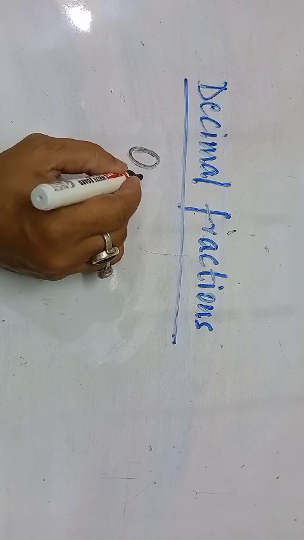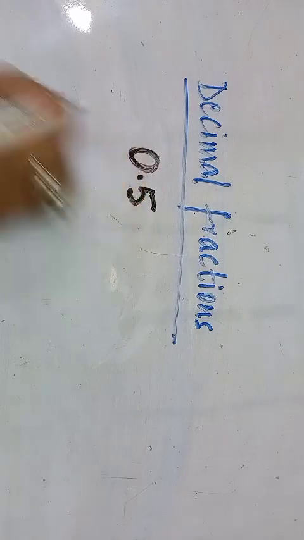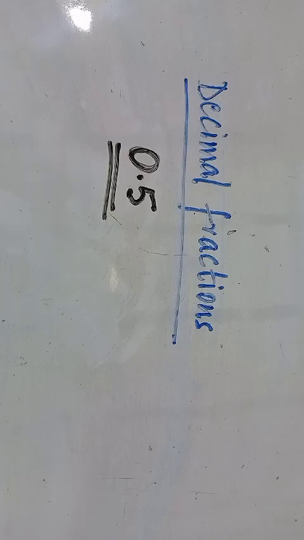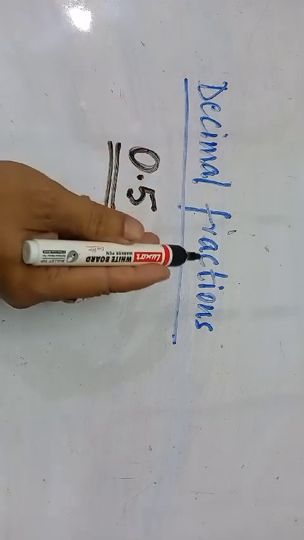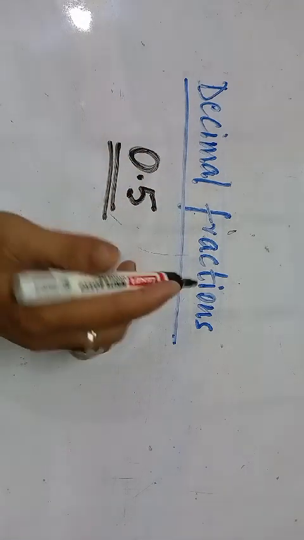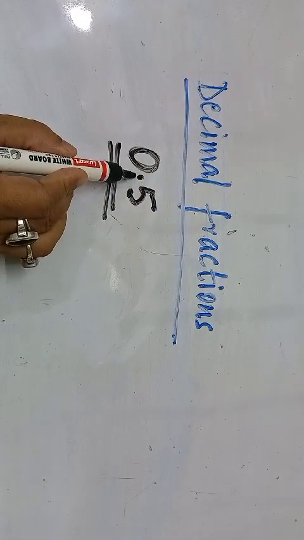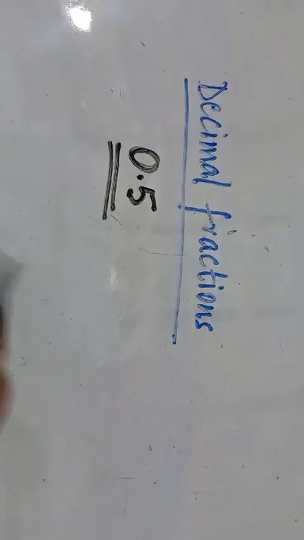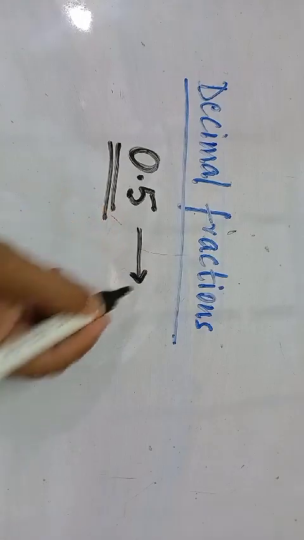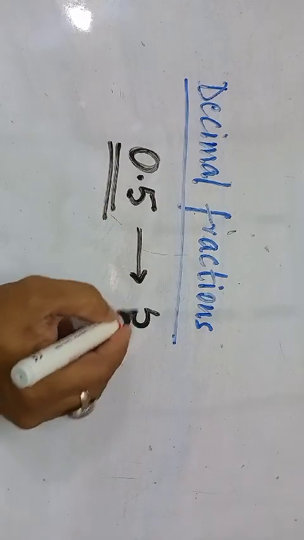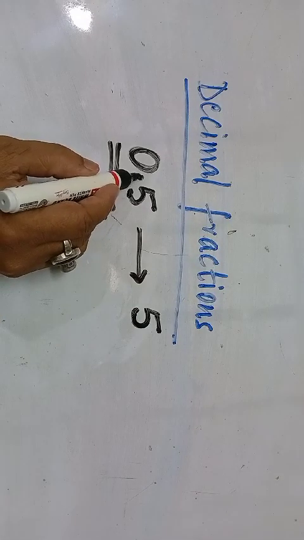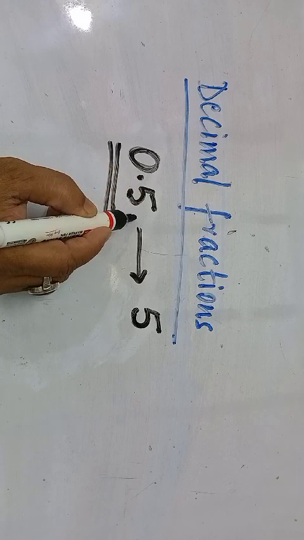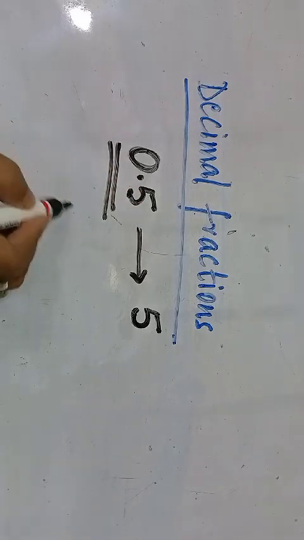So a person can write 0.5 as a number in front of you. So what is this essentially? This is a decimal fraction. Why? Decimal, because we put a decimal here. The reason why it is being called a fraction is because this can again be expressed as, you all know as mathematics students, that if this decimal is going to go one place right of this number, then you have to divide by 10.